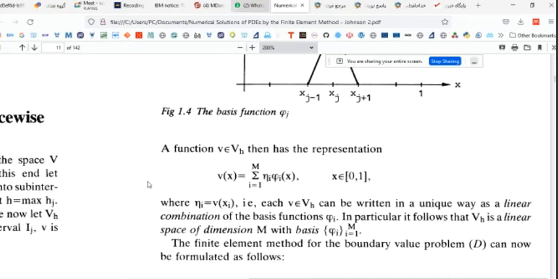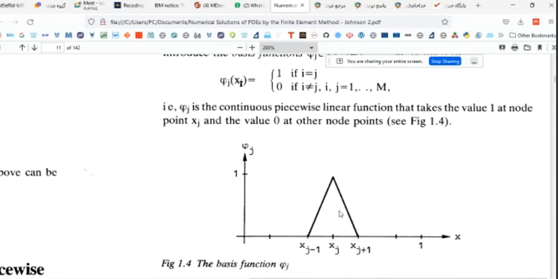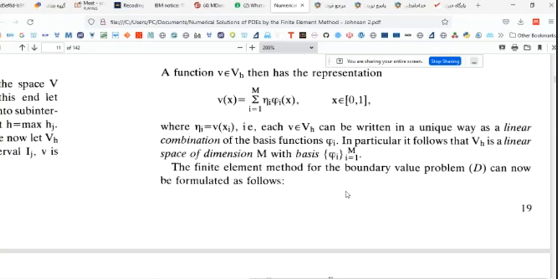The maximum value of psi is 1, so the parameters eta_i equal v at x_i. In other words, each v in V_h can be written in a unique way as a linear combination of basis functions psi.